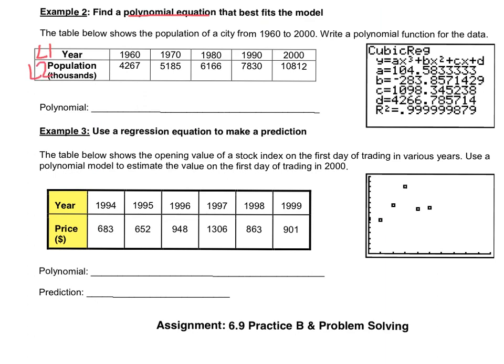Now, since this is a year, rather than starting at the number 1960, let's just make 1960 the very beginning, and we'll call it year 0, because that's where we're starting before any time has gone by. Which means that the year 1970 would be 10 years later, 1980 is 20 years after 1960, and then 30 years, and then 40 years later.